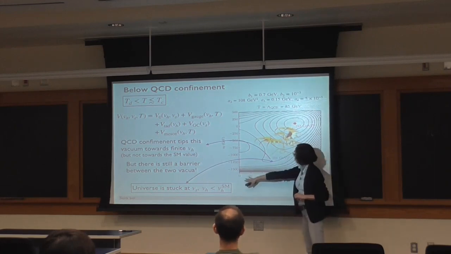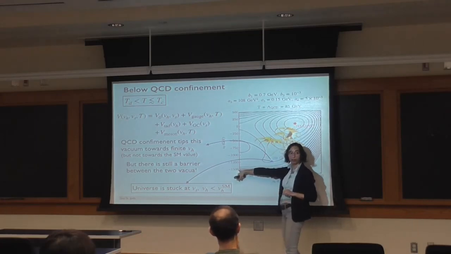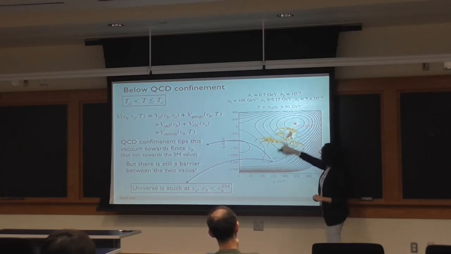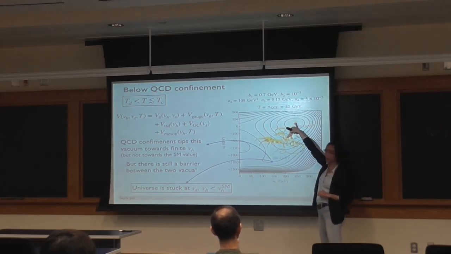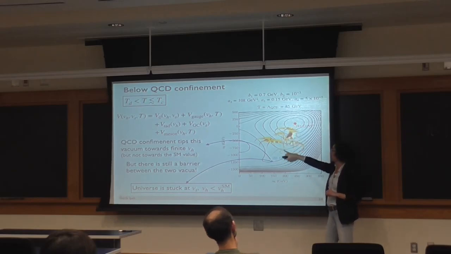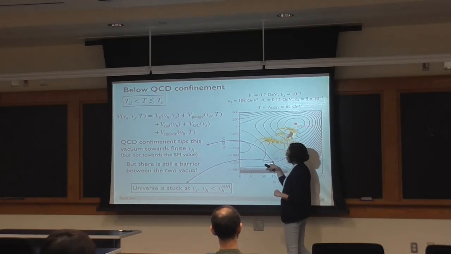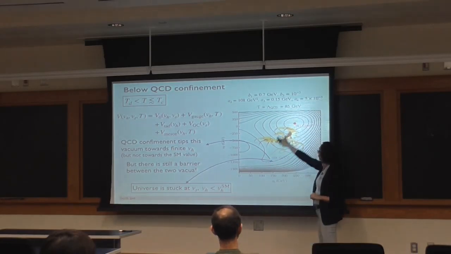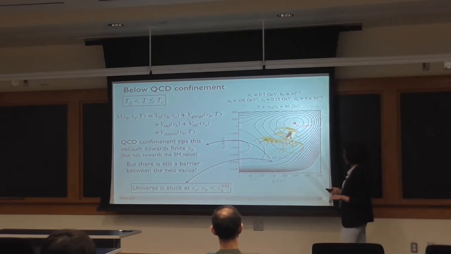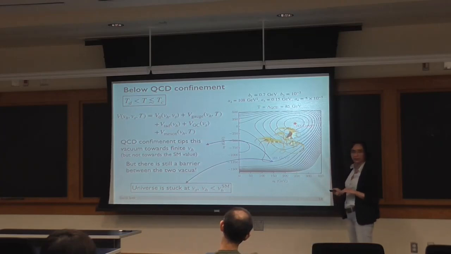So now the minimum at Higgs vev equals 0 actually disappears, and there's a minimum at some finite Higgs vev. Still the global minimum is at a standard model-like point. However, the barrier persists. So you can only roll to this new minimum, but you cannot tunnel into the global minimum. The universe is still stuck in a metastable vacuum, even though it is at a finite Higgs vev.